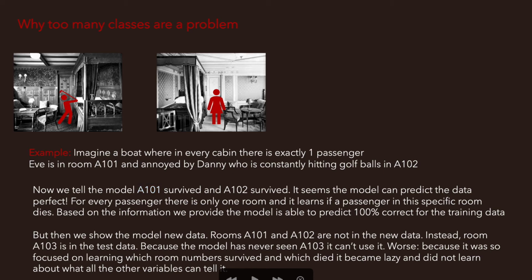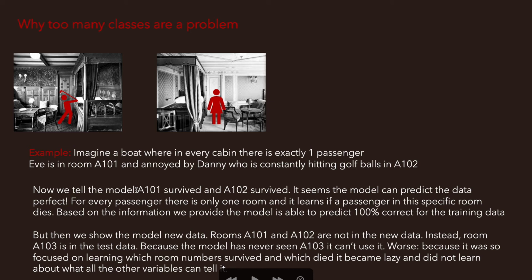But because there's only one passenger in here, that information becomes worthless. When we have the test data set later, where we don't know the survived or not survived, all the rooms that we trained on are gone. So now we might have room 103. The model has never seen room 103, so the information that it learned is absolutely worthless.